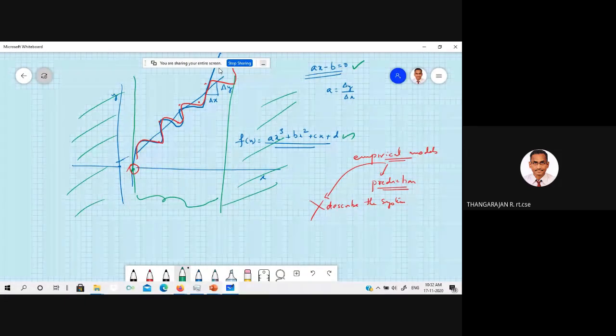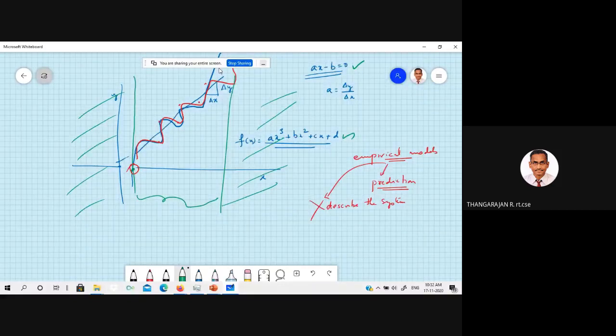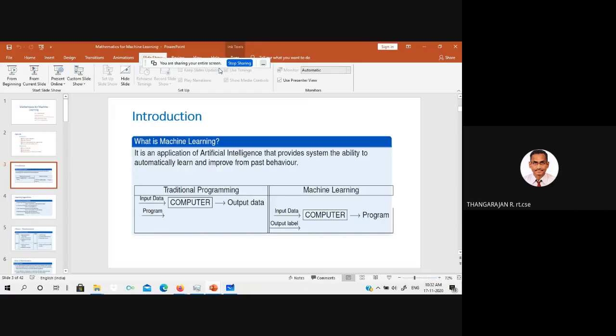With the available data we build the model, and we can call that an empirical model. Within the bounds of those data, I can do a prediction, but I cannot describe the system as a whole. So that is all about machine learning.